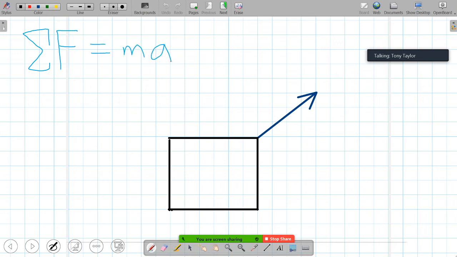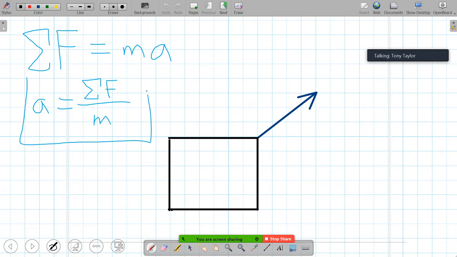If I rearrange this equation and solve for acceleration, acceleration is the sum of my forces divided by my object's mass.